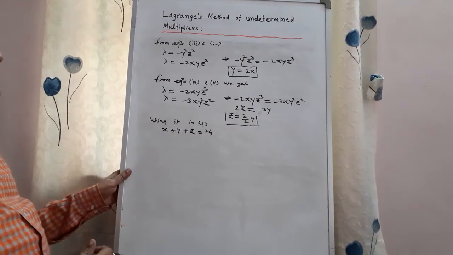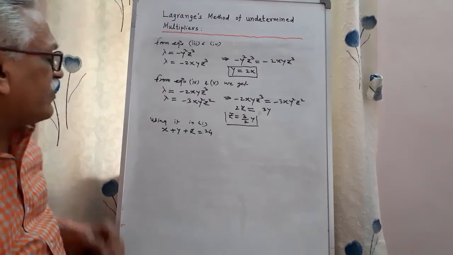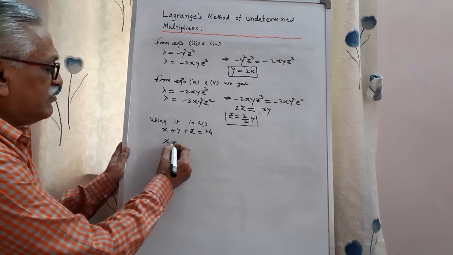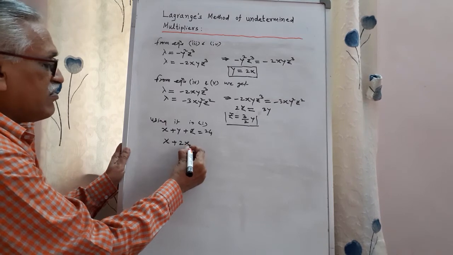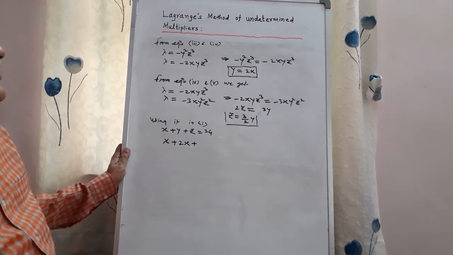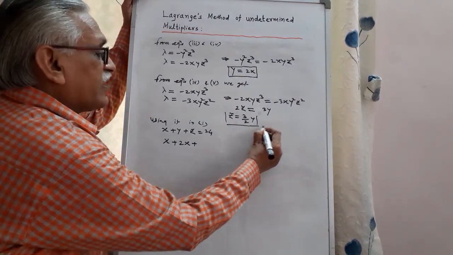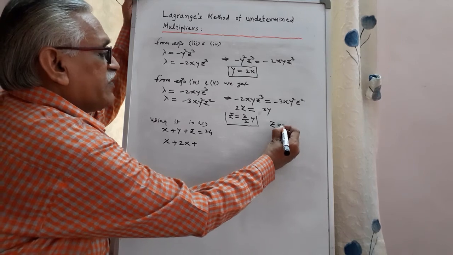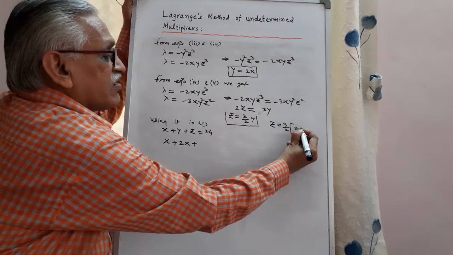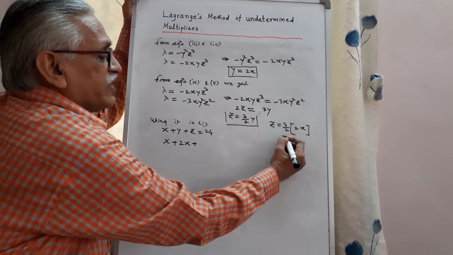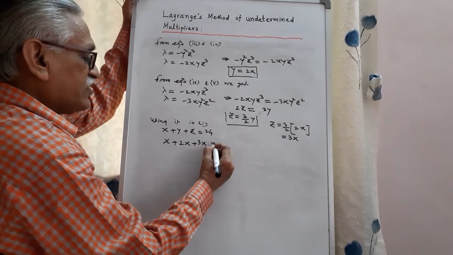Okay, substituting or converting all in terms of x, I will keep x as it is, y in terms of x is 2x, and z is equal to 3 by 2 times y. Therefore we can calculate the value of z in terms of x: it is 3 by 2 times y, but what is the value of y? Y is 2x. So to get cancelled we get z is equal to 3x.